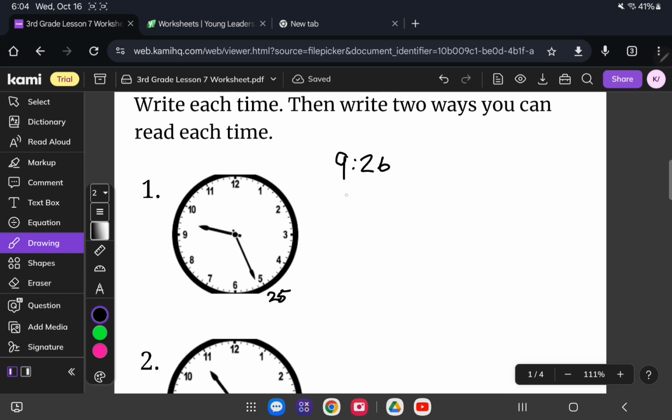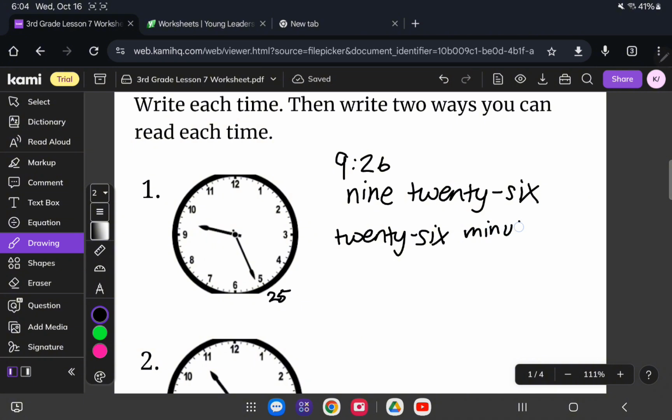And one way to write it would be 9, 26, or 26 minutes after 9.